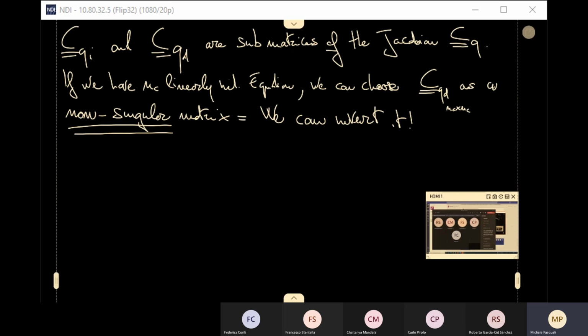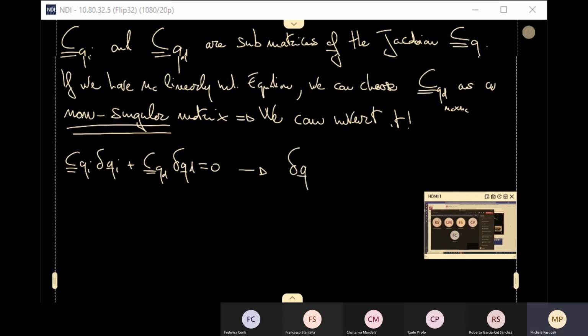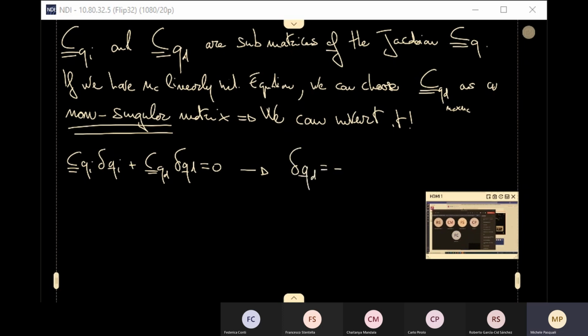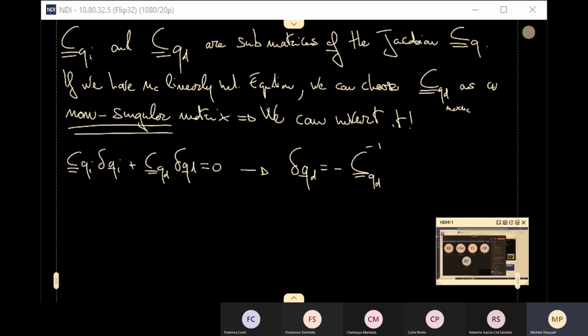And so we can write the following: from CQi over delta Qi plus CQd applied over delta Qd equal to 0, we can reverse this and write delta Qd equal to minus CQd to the minus 1, which we can invert because it's non-singular, applied over CQi applied over delta Qi.